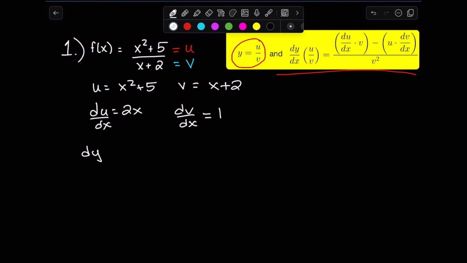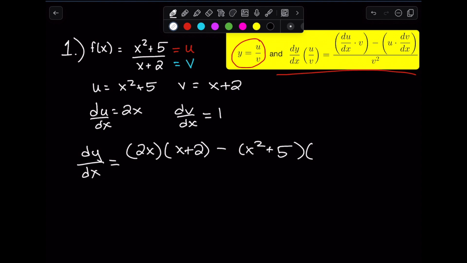So the formula in yellow tells us that dy dx equals du dx, which is 2x, times v, which is x plus 2, minus u, which is x squared plus 5, times dv dx, which is 1, and that's all over v squared, which is x plus 2 times x plus 2.